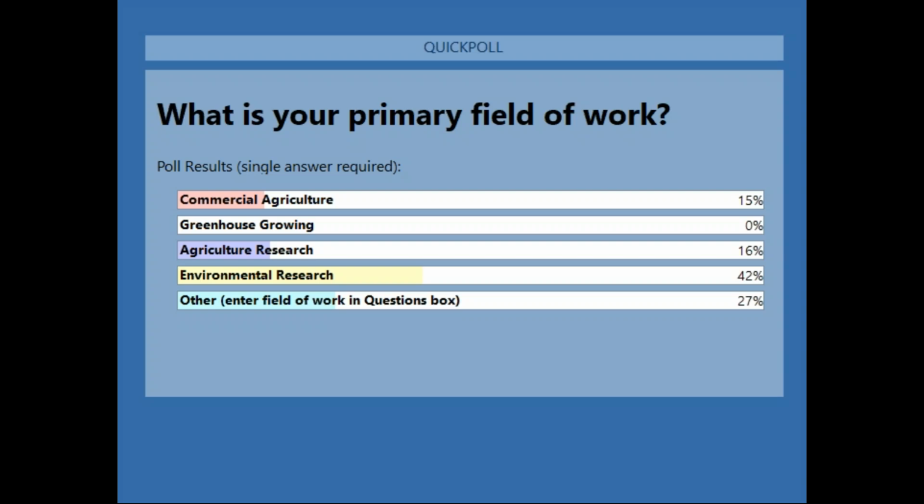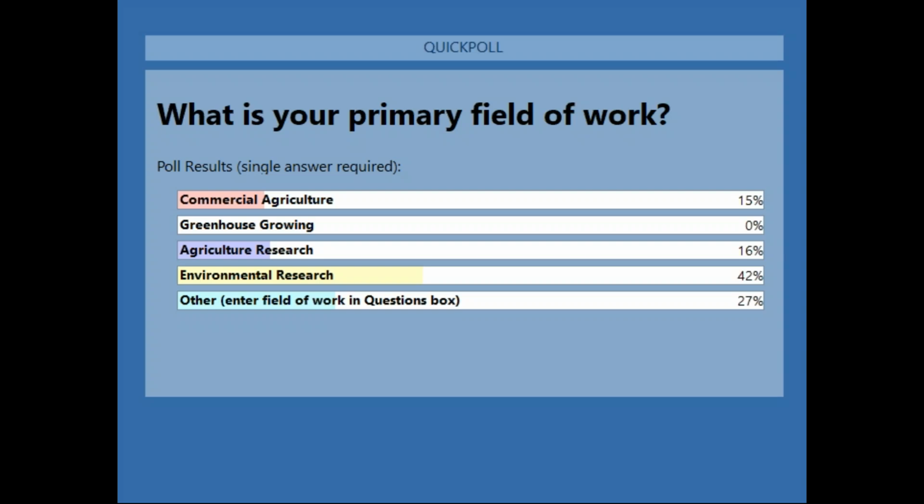For example, if it's really high humidity or high temperatures, the chances of diseases occurring are increased, and you may need to apply pesticides to protect your crops.